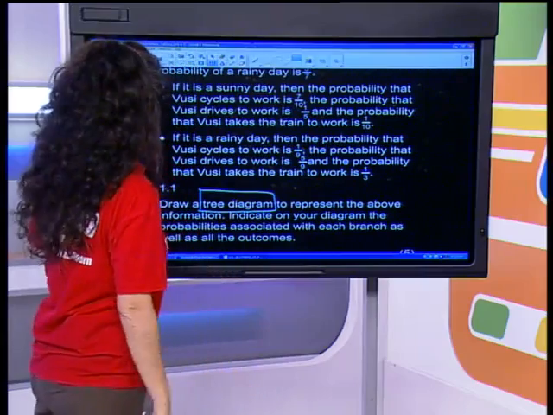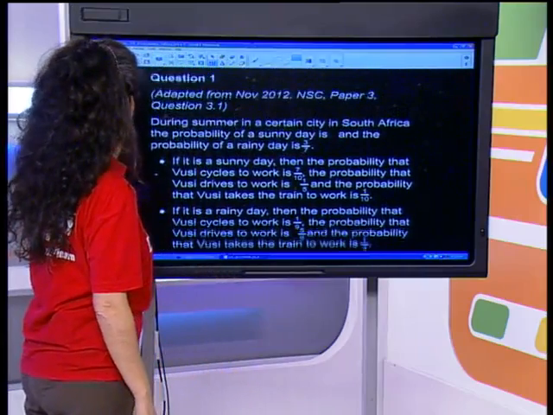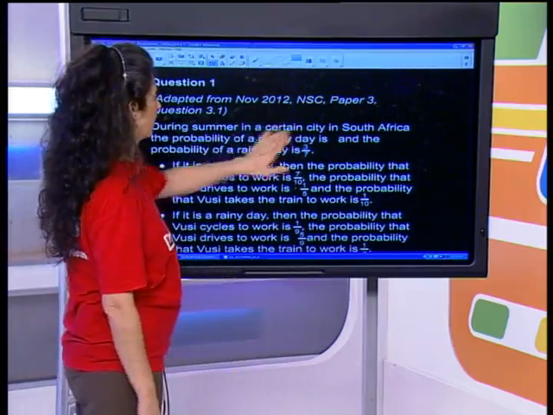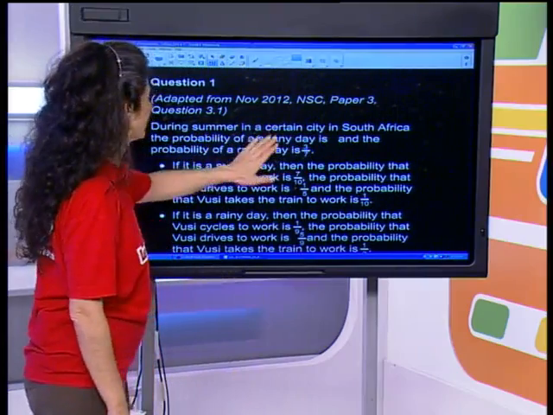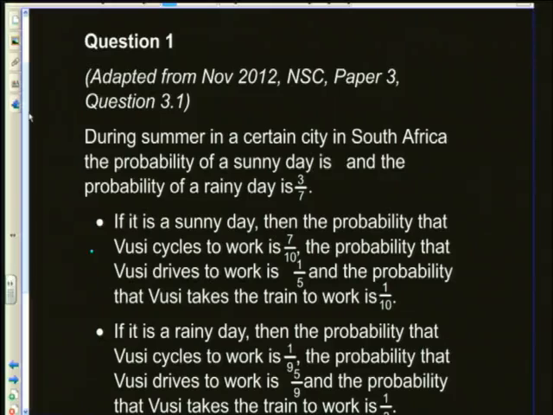So let's go back and now extract the maths. During summer in a certain city in South Africa, the probability of a sunny day is, and we've left that out, 4/7, and the probability of a rainy day is 3/7. So we have the choice of a sunny day or a rainy day.